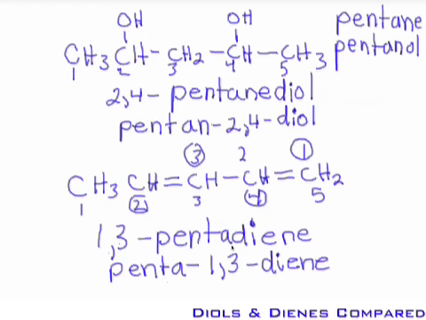So you can have pentadiene, pentadiyne. But you don't use that for diols or anything else you will see later on. They're always, when you have more than one, the full alkane name followed by diol. Or if you insert the numbers, it's still the full pentane, then the numbers, then diol.